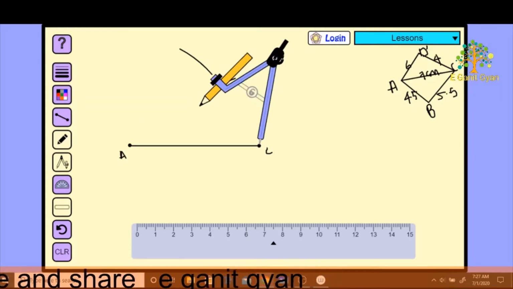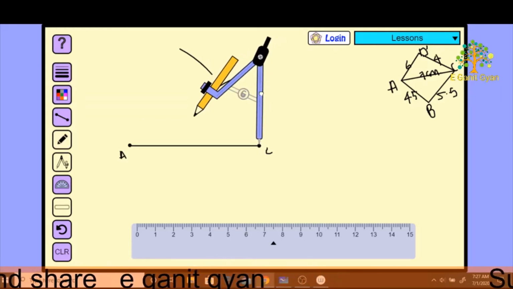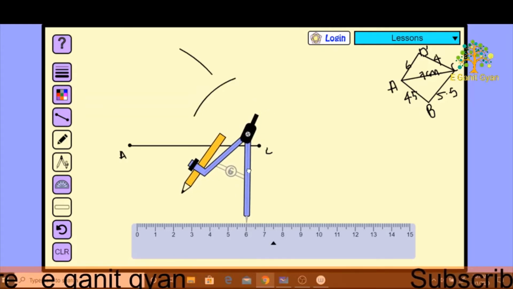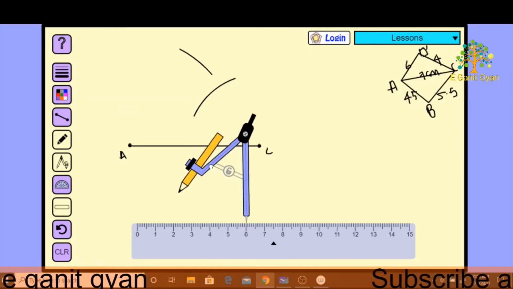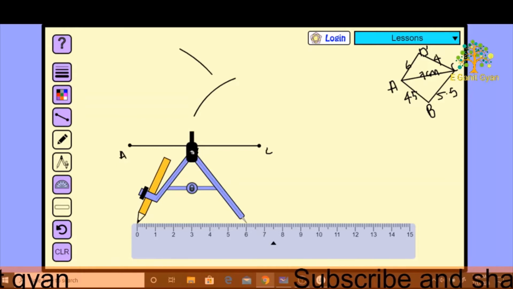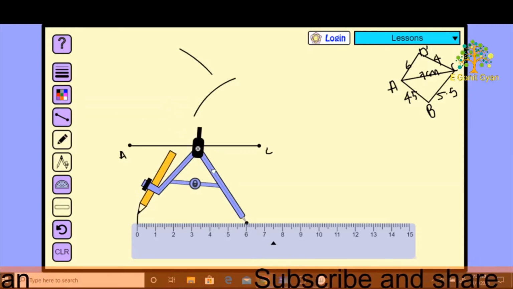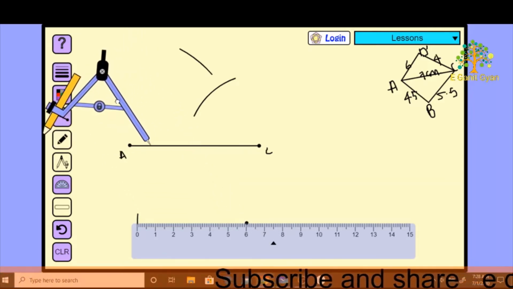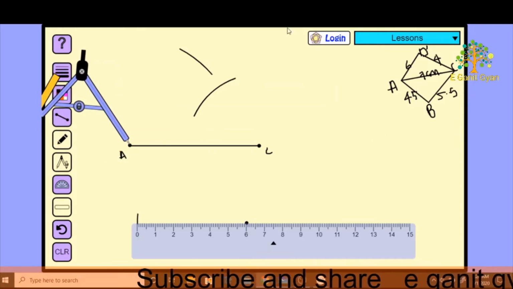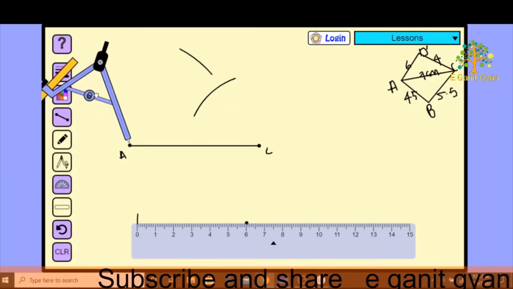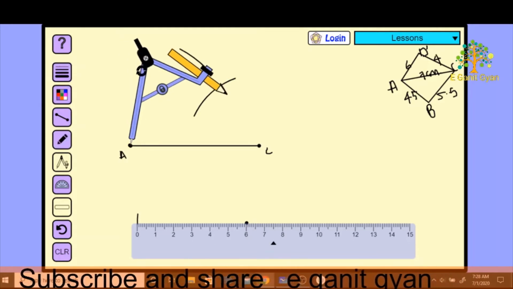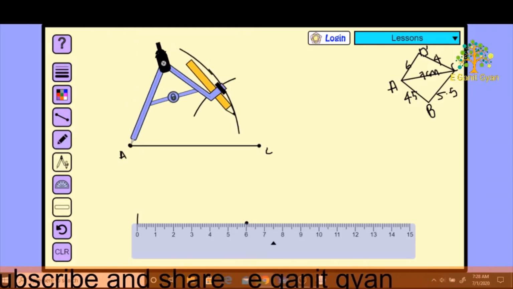Actually, one more thing I need to do here. I need to extend that particular arc up to the 7 centimeter point, just an extension of the arc.